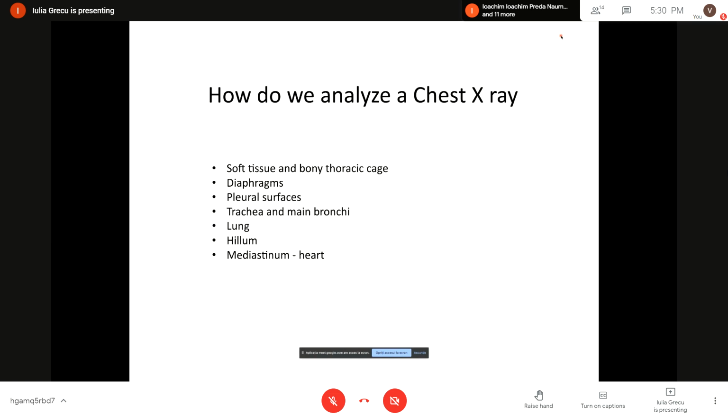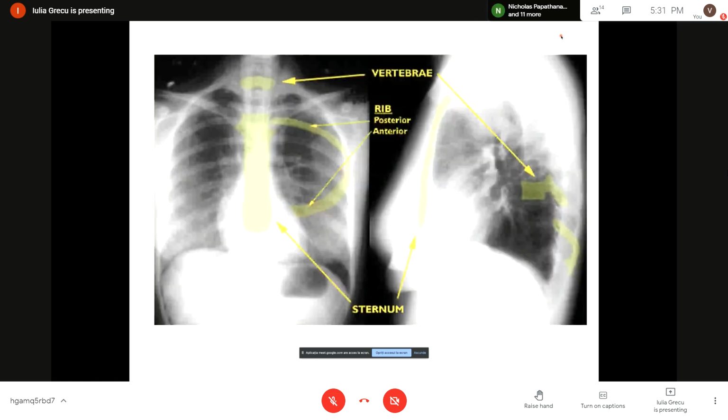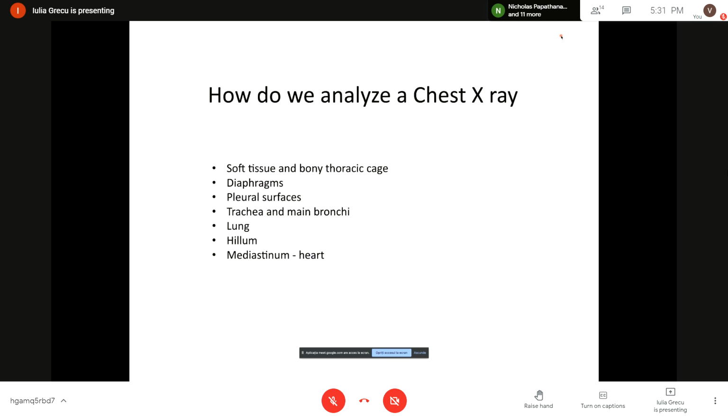It's a way that you cannot skip things and focus on a main problem and forget about the rest. So if you try to look at all these things progressively, you will familiarize with the chest X-ray, and you will have good results in seeing different lesions.